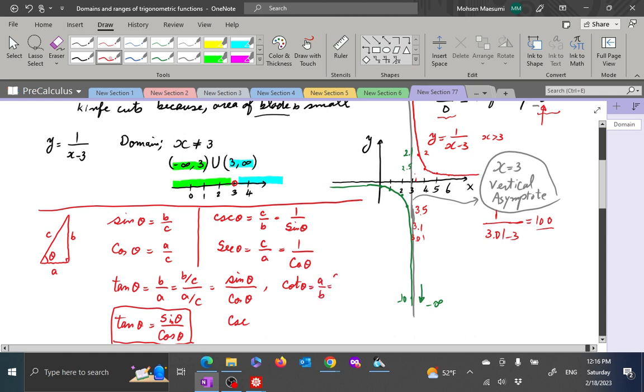And a over b, you can write it as a over c over b over c. And that one you can write as cosine of theta over sine of theta. So here is cotangent of theta. Here's an identity, cosine of theta over sine of theta.